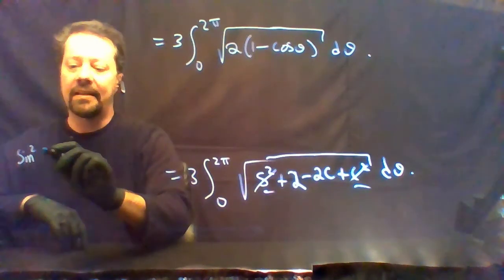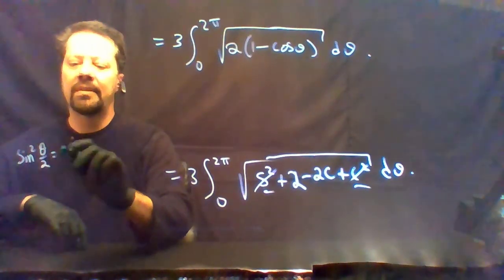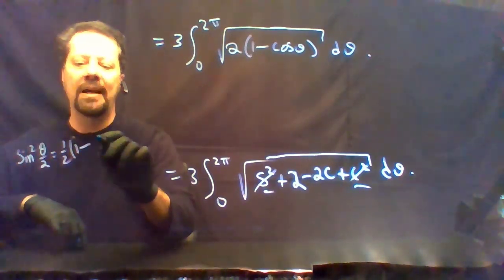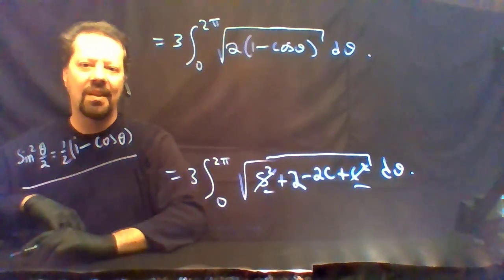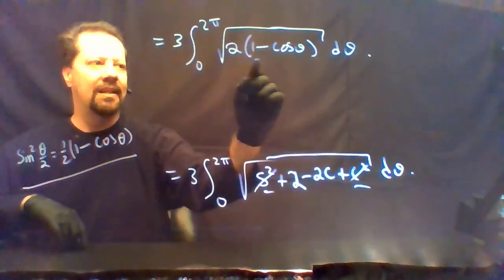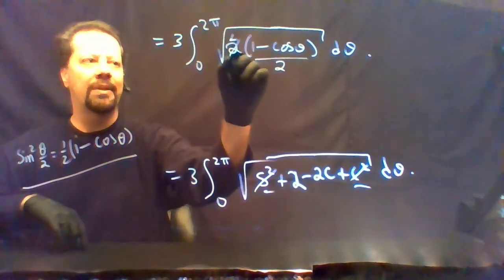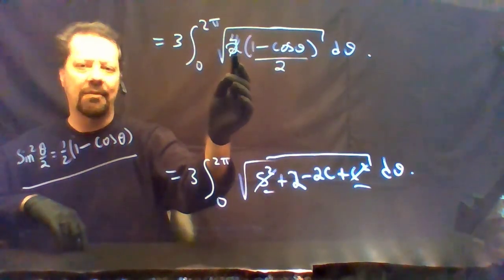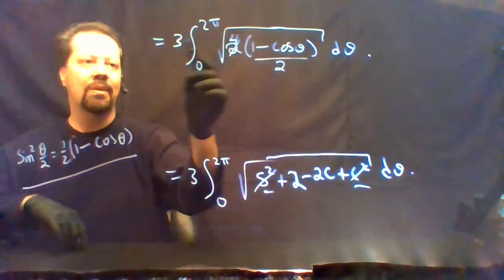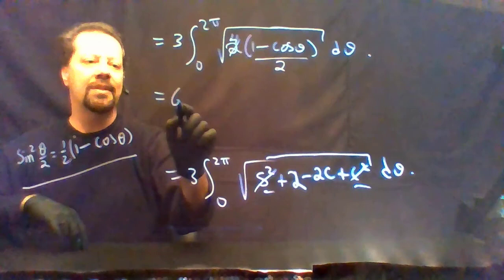Sine squared theta over 2 is 1/2 times 1 minus cosine theta. The only thing we're missing is the divided by 2, so I'll put it there because I want it. This 4 is how we pay for it, and it can come out of the square root as a 2, so we end up with 6.